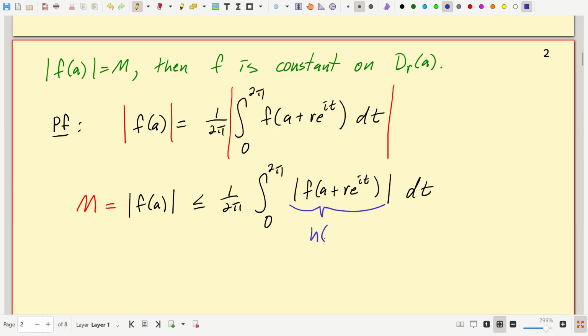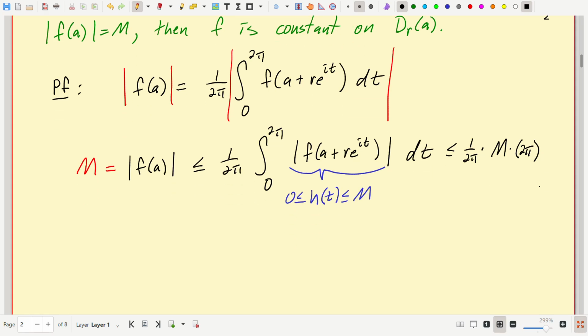This h of t is between 0 and M, because M was the max. And so this is less than or equal to 1 over 2 pi times M times the length of the interval, which is 2 pi. 2 pi's cancel. And we see that that integral is the max.